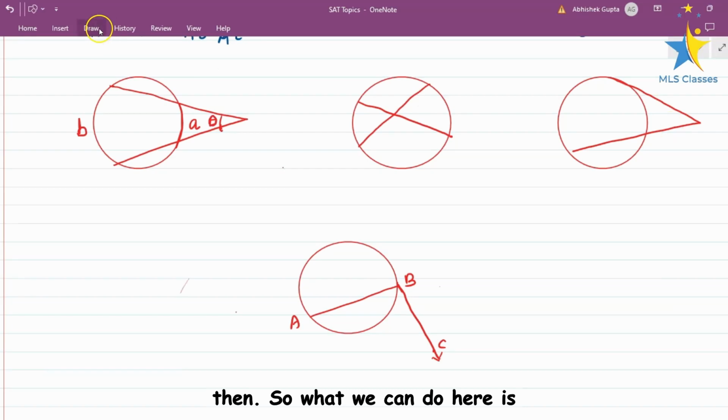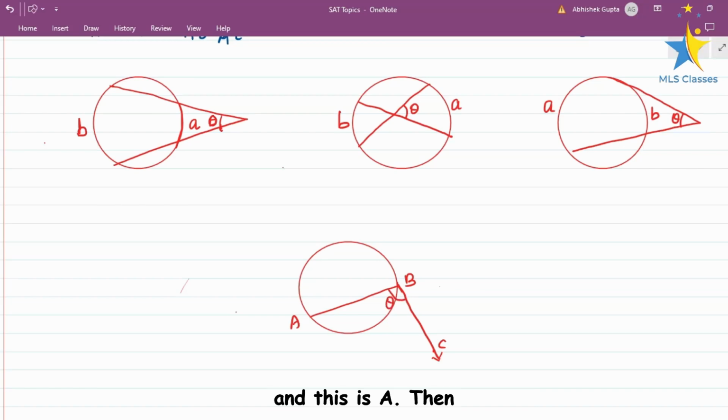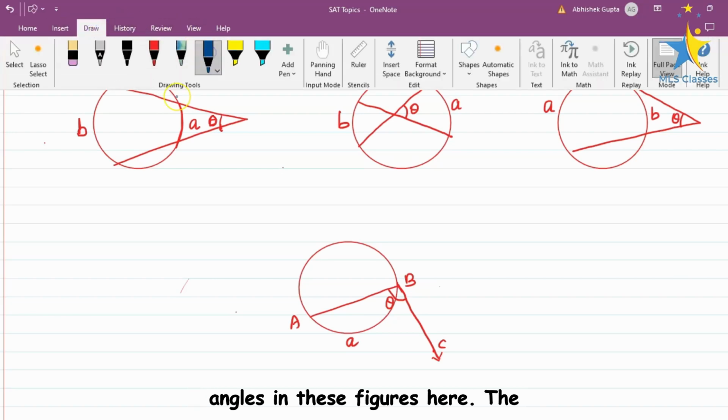Similarly in the second figure, suppose this is theta, this arc is subtending angle A at the center and this is subtending B at the center. Similarly here, this is A, this is B and this is theta. Here this is theta and this is A. Then there is a relation between all these angles in these figures.